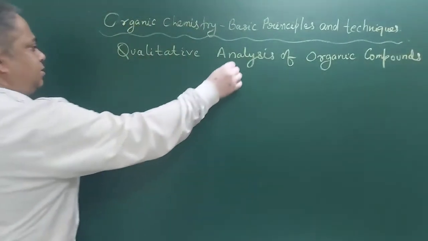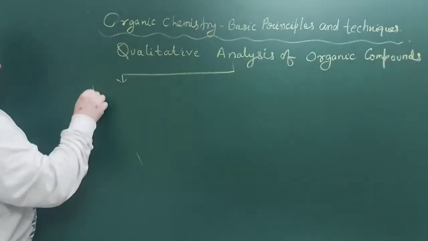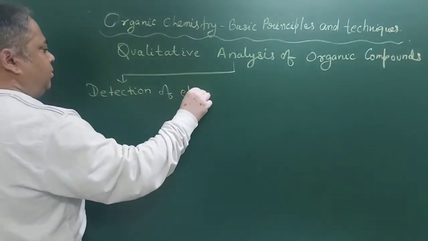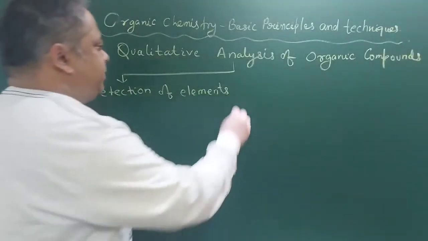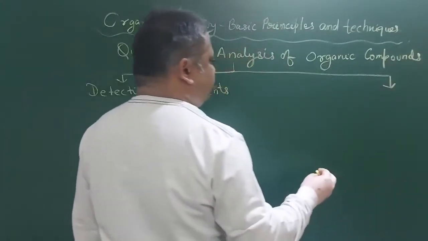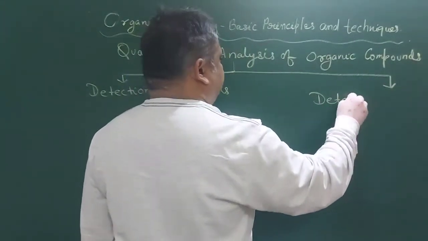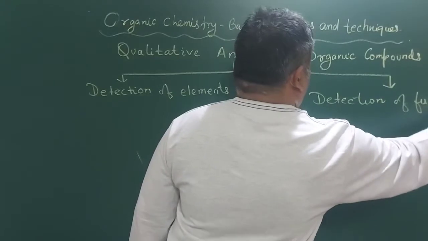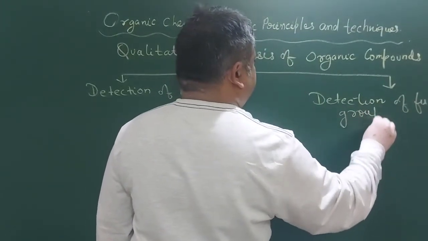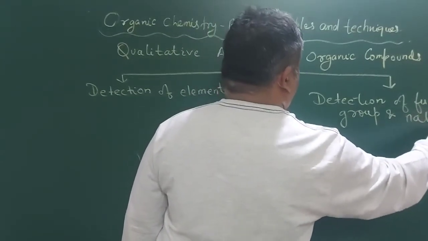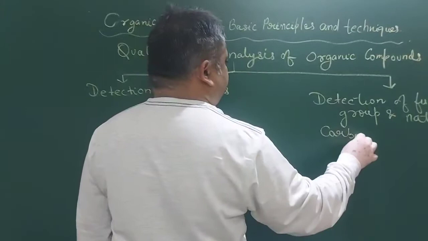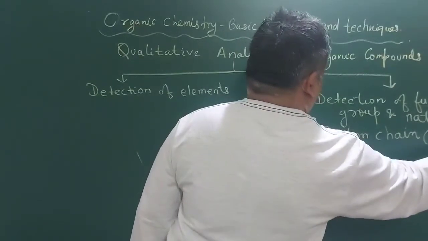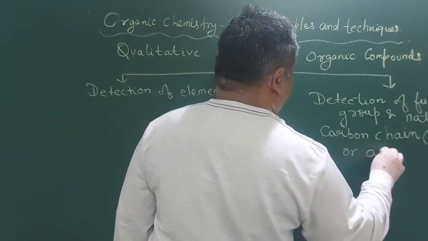There are two aspects of this. One is detection of elements, and another aspect is detection of functional group and nature of carbon chain, whether aliphatic or aromatic.